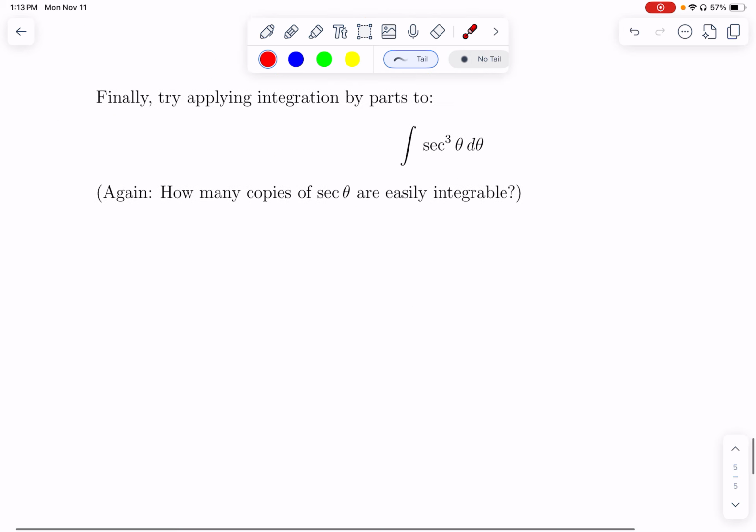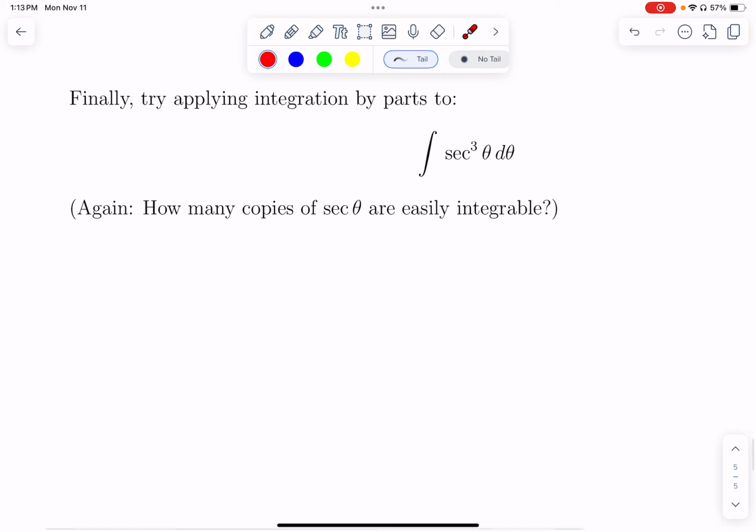All right, one more. Let's do integration by parts on secant cubed theta. So again, ask yourself, how many copies of secant are easily integrable? Hit pause and at least try the first step.